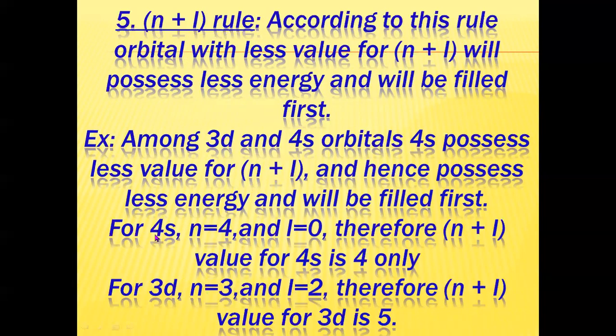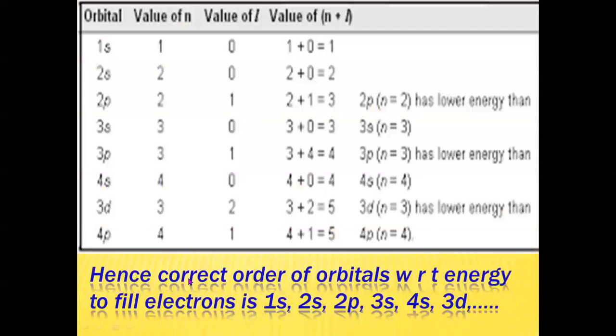Whereas for the 4s orbital, the value of n is 4 and the value of l is 0. Therefore, 4 plus 0 means 4 only. If we compare the values of n plus l, it is 4 for 4s and 5 for 3d. Therefore, we can say that the 4s orbital has lesser energy than 3d, because its n plus l value is less.